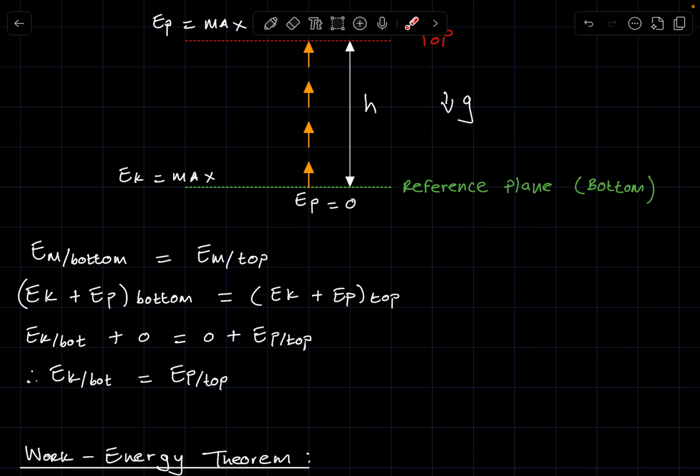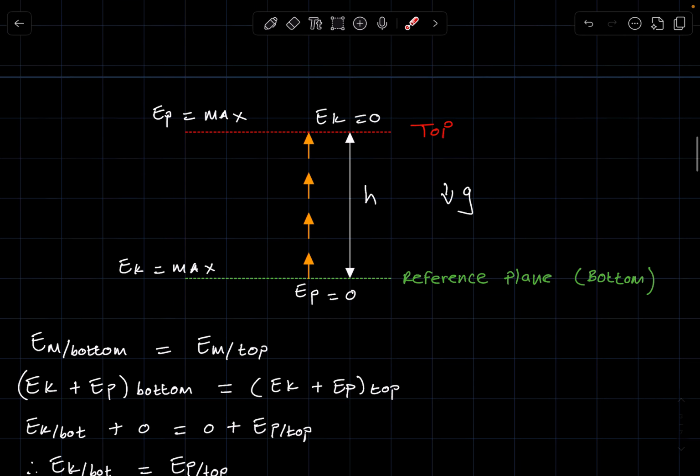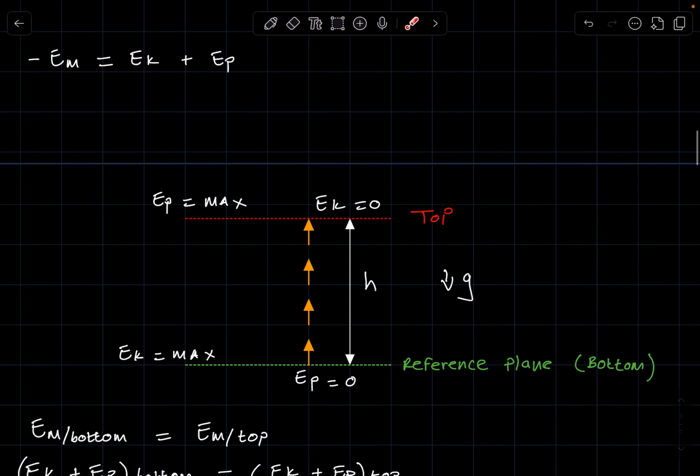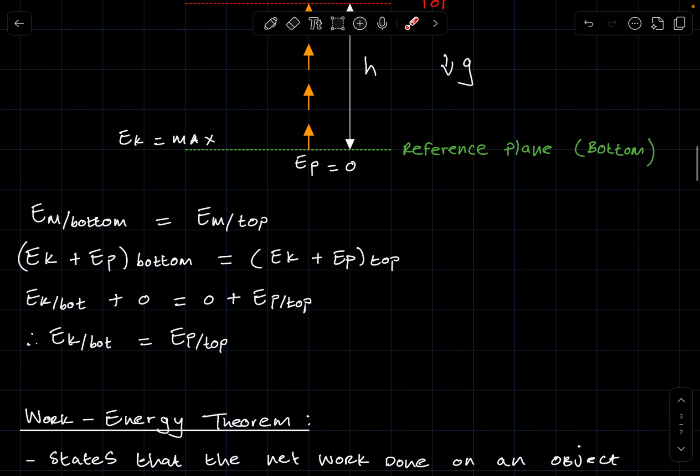Mechanical energy is equal to EK plus EP. Remember this. So if this is equal to that, it means that the EK plus EP at the bottom is equal to EK plus EP at the top.